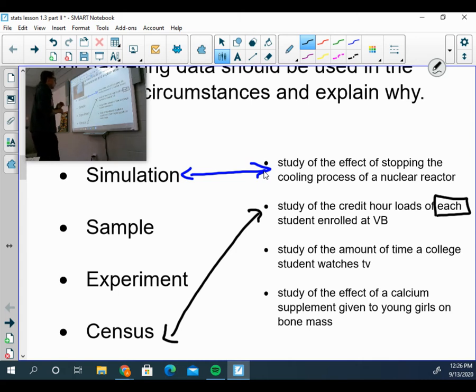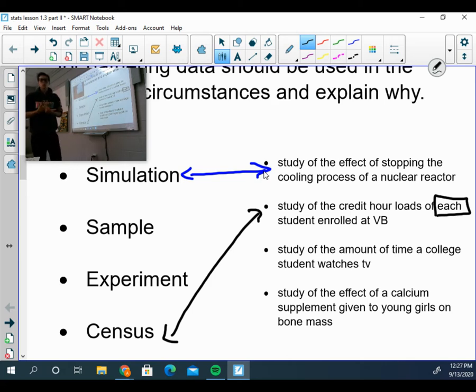Study of the amount of time a college student watches TV, and study of the effect of a calcium supplement given to young girls on bone mass. Okay, so think here, we've got a sample and an experiment. Study the amount of time a college student watches TV. There really isn't an indication here that I'm trying to impact the amount of time they watch TV or change the TV watching habits.